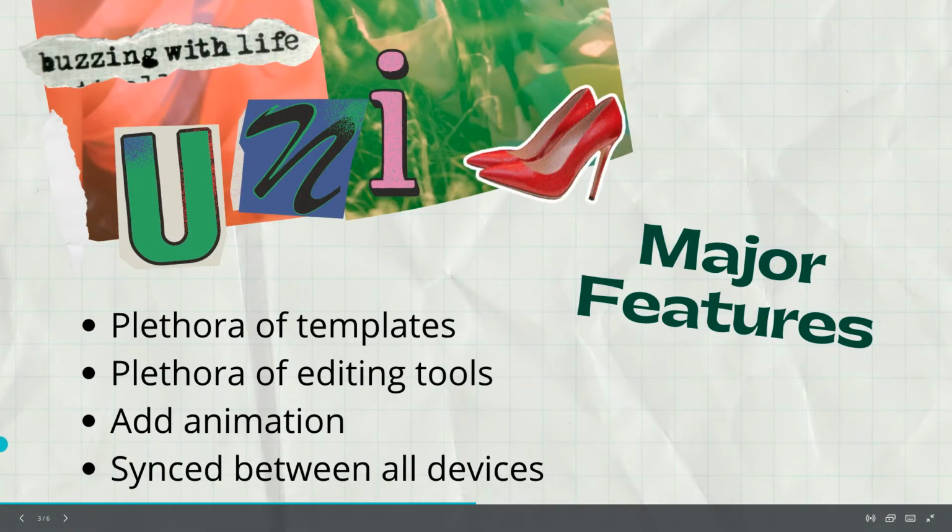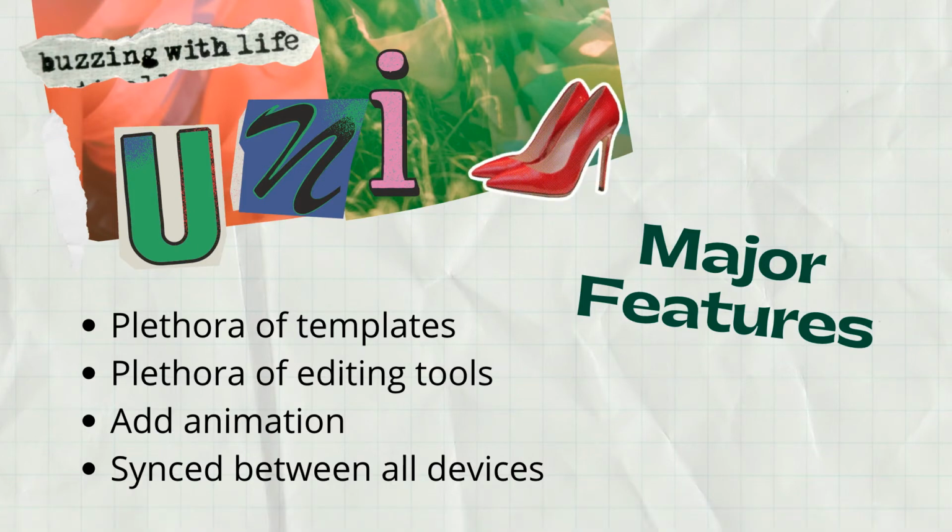So, some of the major features of this tool are a plethora of templates, a plethora of editing tools. You can add animation and it's synced between all devices. Like I said, one of the great features about this tool, as mentioned by Tech, an article I found, is Adobe Spark Post projects are synced between devices.